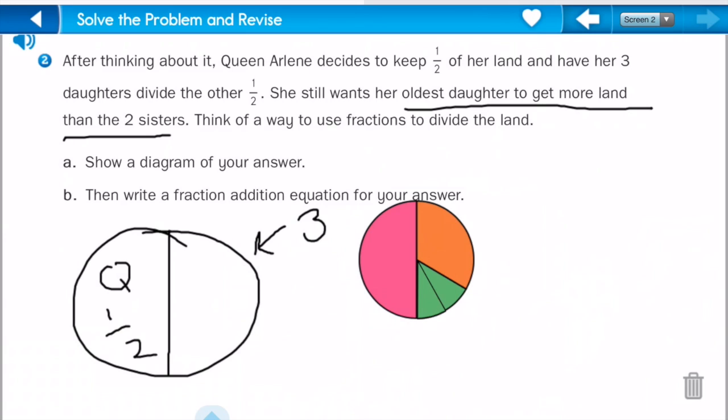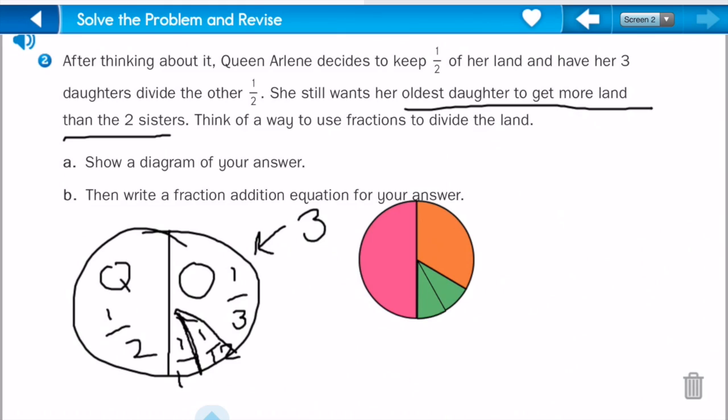But she wants her oldest daughter to get more of the land, so I went ahead and gave the oldest daughter, I'm going to put an O for the oldest daughter, she got 1/3, but then the other 2 daughters, I know the green pieces are a 12th, they each only got 1/12.